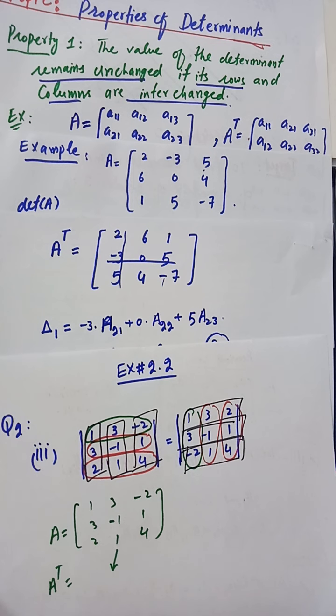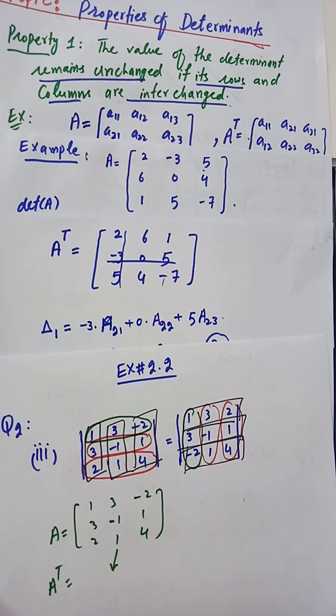So the reason for this is that these are the transpose of each other, or you can give the reason that on the left or on the right the rows and columns are interchanged in this equality. So this is the reason I am saying, without evaluating, that this equality is true.